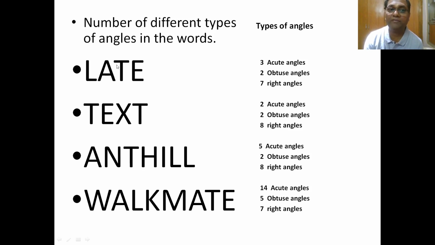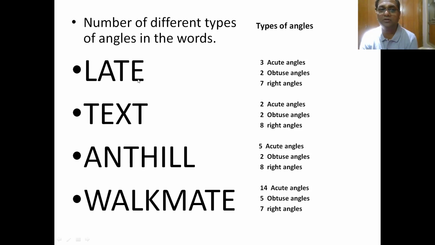In alphabet T, you have 2 angles, 1 right angle, another right angle. In alphabet E, one right angle, another right, third right angle, and this is four right angles.